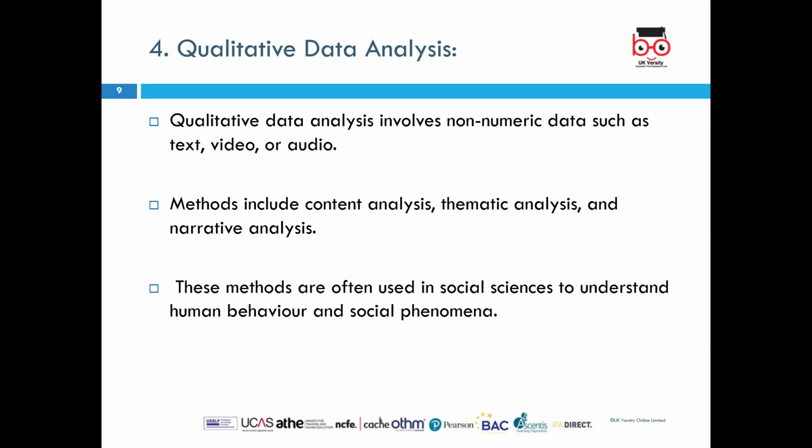Qualitative data analysis involves non-numerical data, such as text, video, or audio. So this is very much unstructured data. And this method will include content analysis, thematic analysis, and narrative analysis.